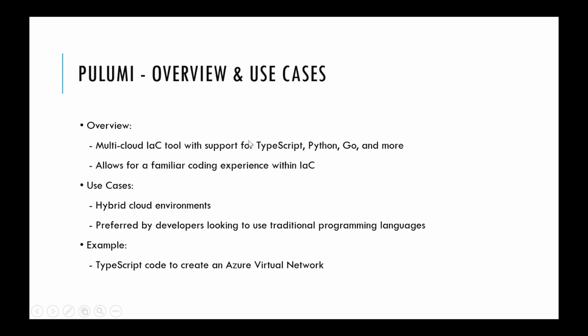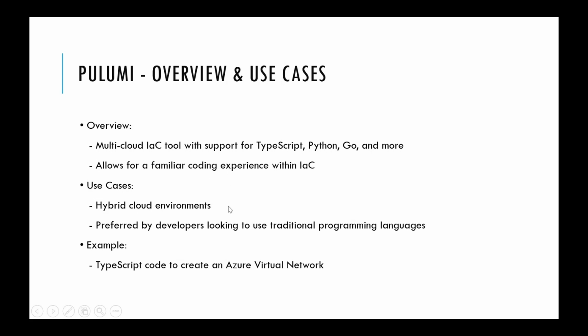Okay, so if you are a developer and you don't know the Terraform language developed by HashiCorp, you can always go for Pulumi. It allows for a familiar coding experience within IaC because this is developer friendly. If they know Python, Go, or any other language like Java, they can code infra easily.